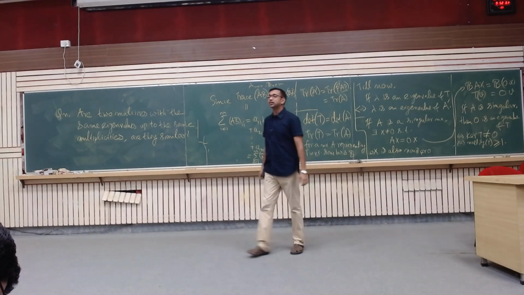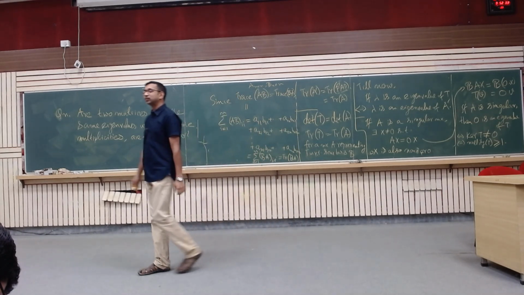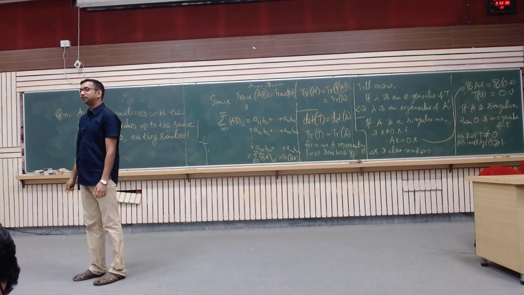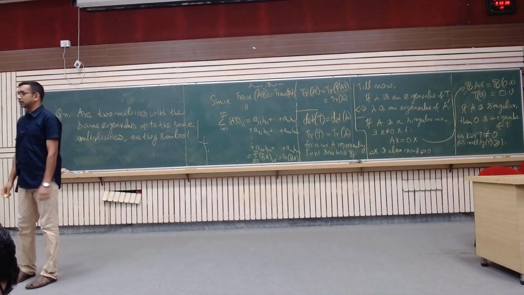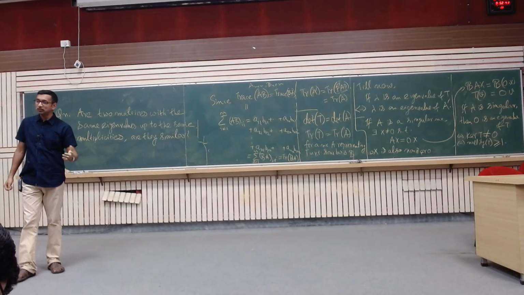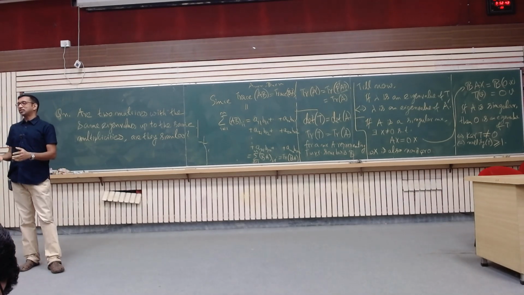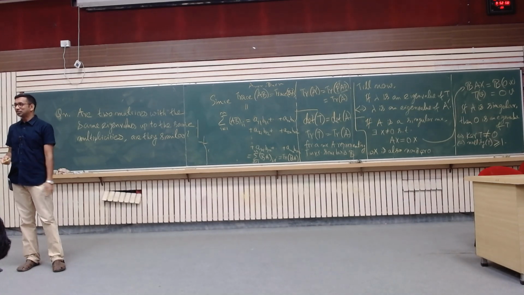Could I say that since they have the same eigenvalues, they have the same characteristic polynomial? Yes, it has the same characteristic polynomial. So the question becomes whether two matrices with the same characteristic polynomial are similar. It's not necessarily true because a matrix and its transpose have the same characteristic polynomial. Yes, sure.